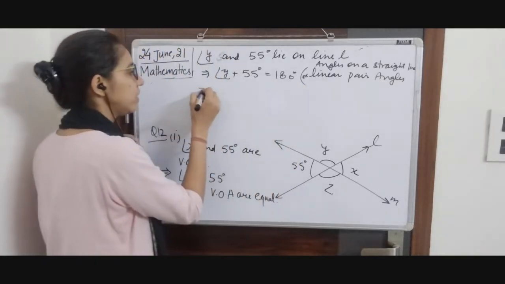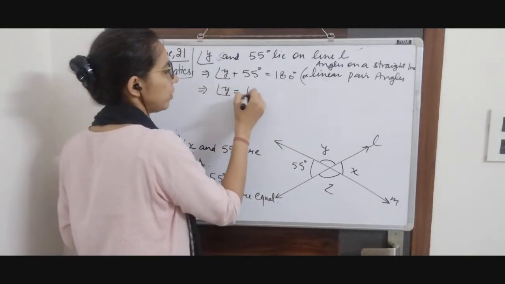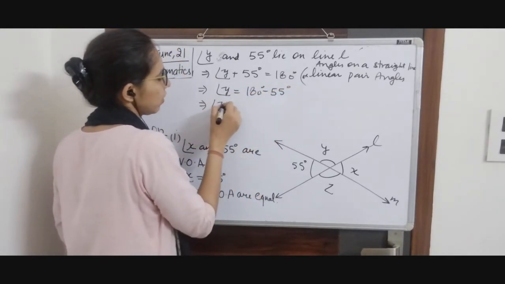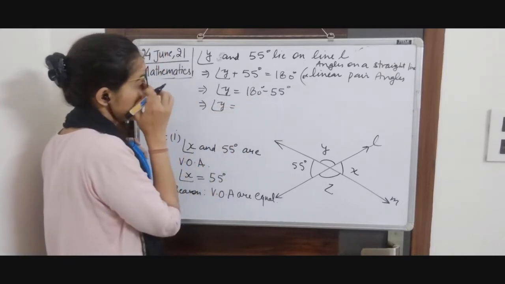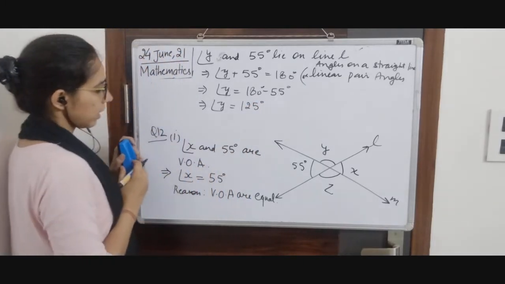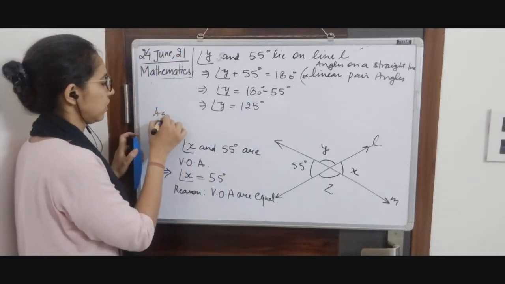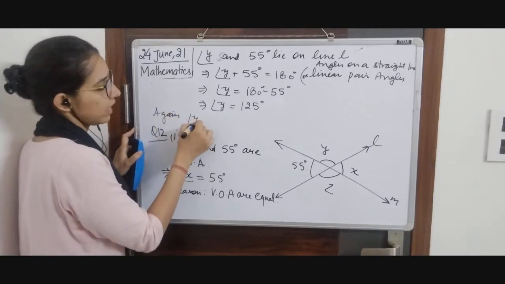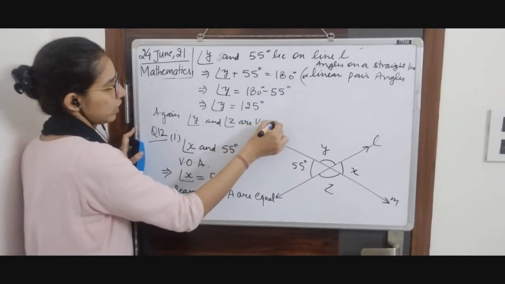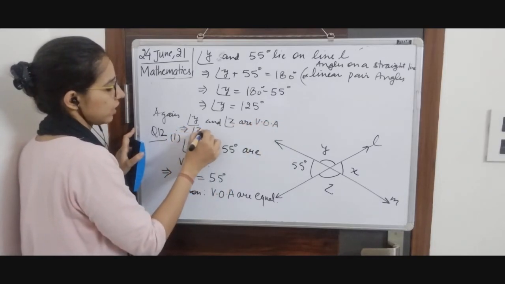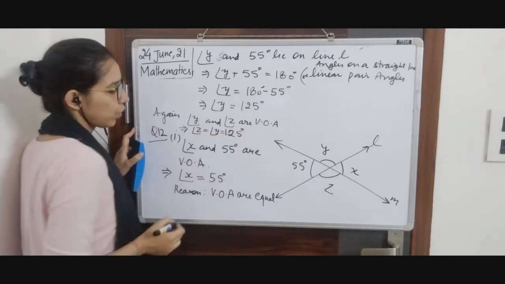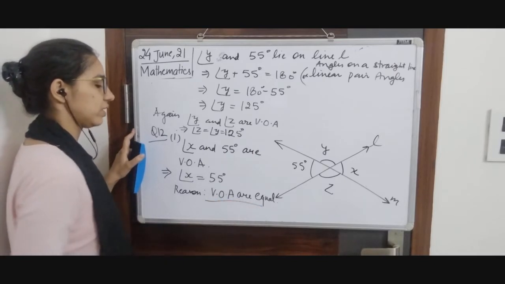So it is going to be 180, implies your Y is going to be 180 minus 55, which is going to be 125 degree. Again angle Y and Z are vertically opposite angles, implies angle Z is equal to angle Y is equal to 125 degree, because reason being vertically opposite angles are equal.